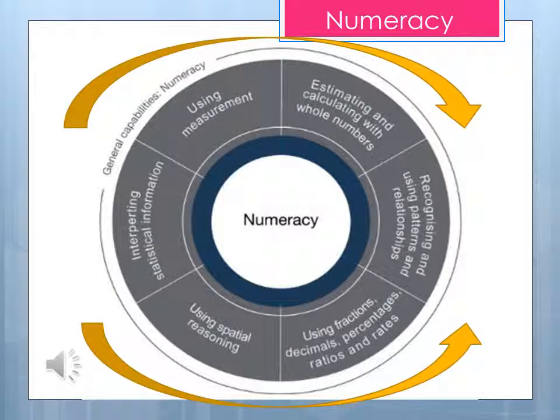Can you please raise or nod your head if you've ever seen this image or a few of these words before? Right. That's about 70% of you. That's good. So since we are focusing on numeracy, the image behind me is what the general capabilities of numeracy are.